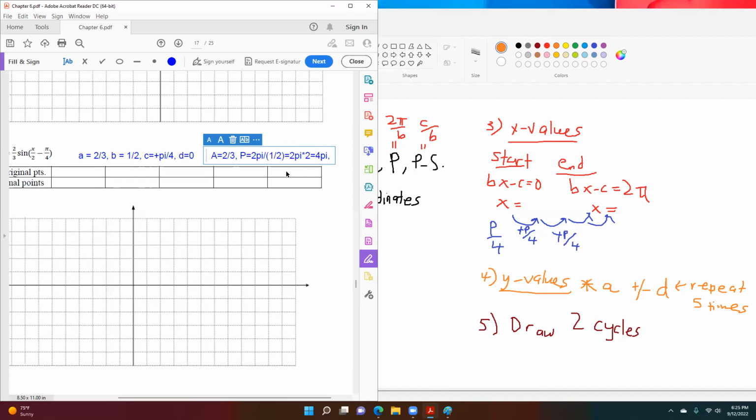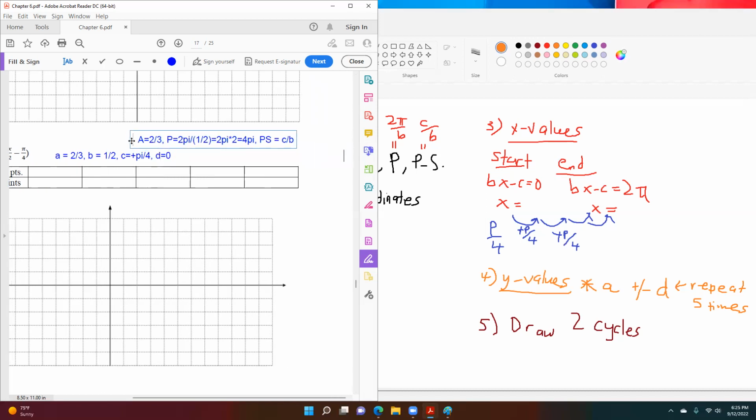And for phase shift, we will have to use C over B. In this case, C will be pi over 4. And then you have to take this pi over 4, that's just C, divided by your B, which is 1/2.